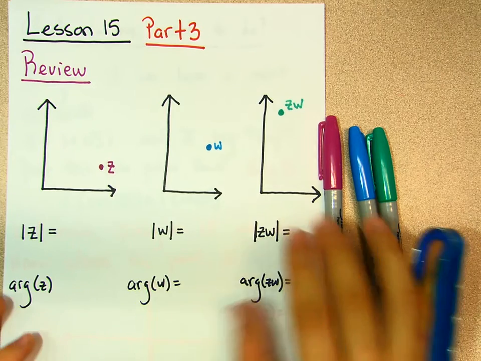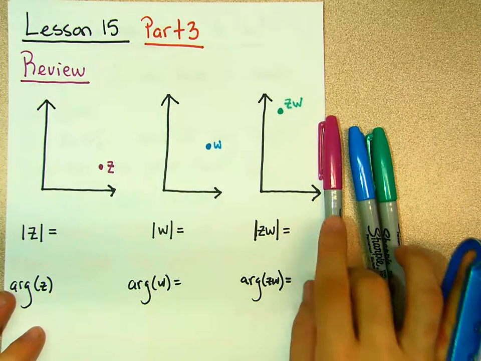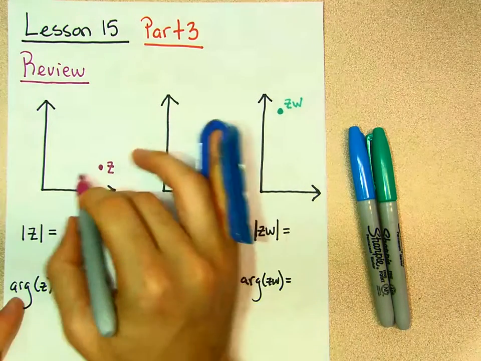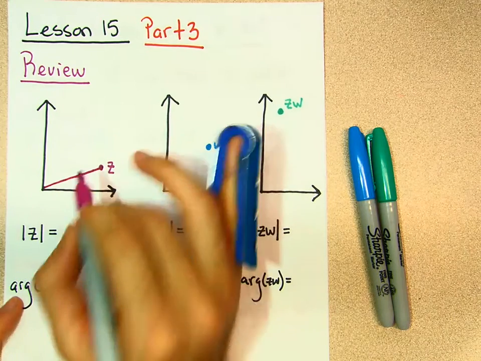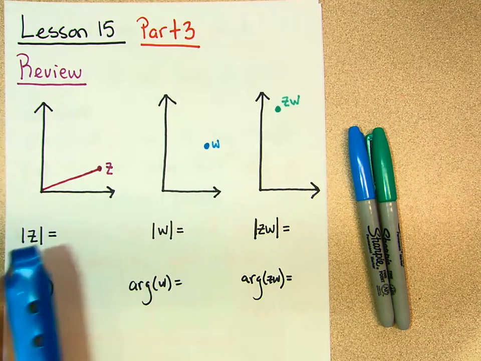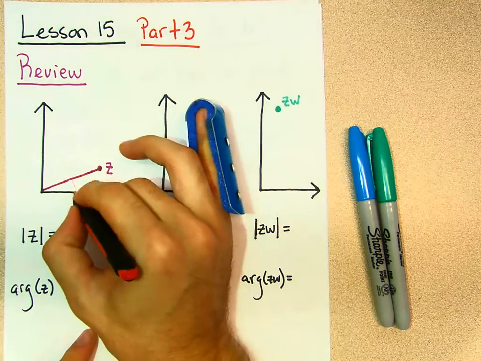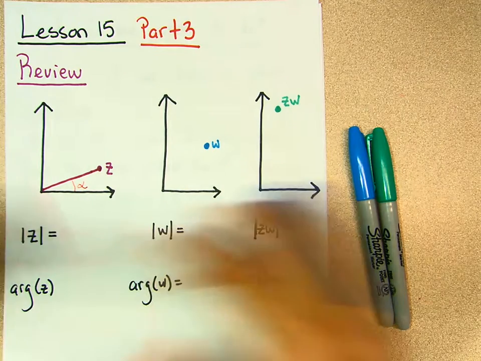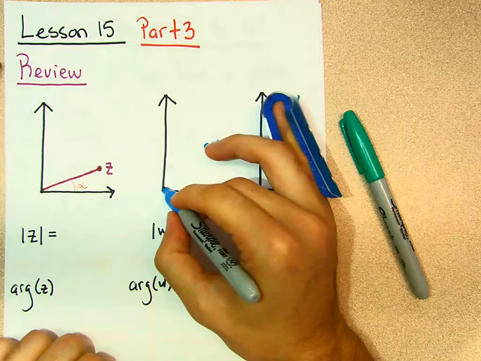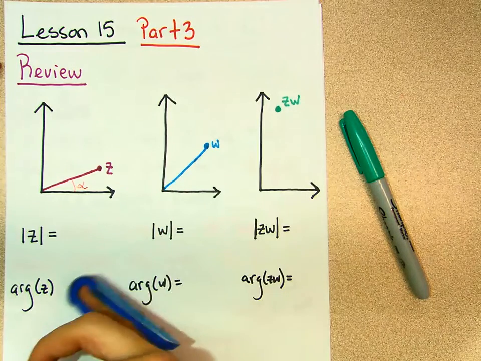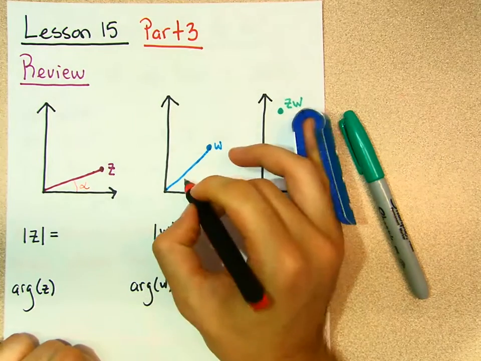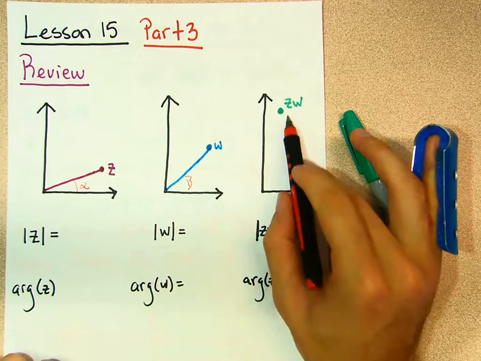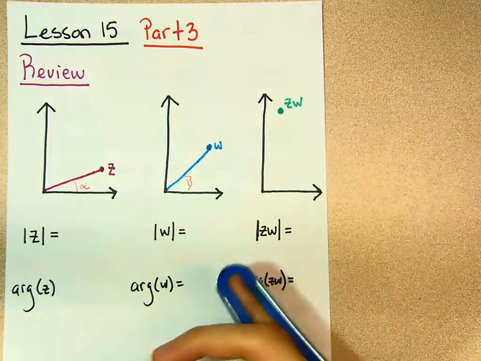All right, so from a review from yesterday: if I have some point Z, and the angle over here is alpha, and now let's look at my W and say that this angle is beta, then what do we know about the angle of ZW?